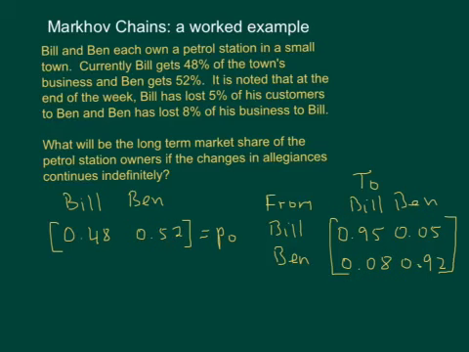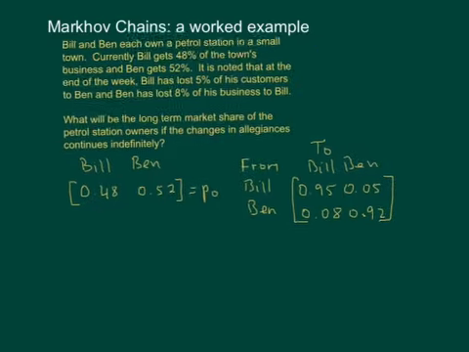Alright, so to get the market share at the end of the first week, all we do is multiply this vector here by this matrix here. That's going to give us what we might call P1, the market share after the first week. So let's see how it looks.